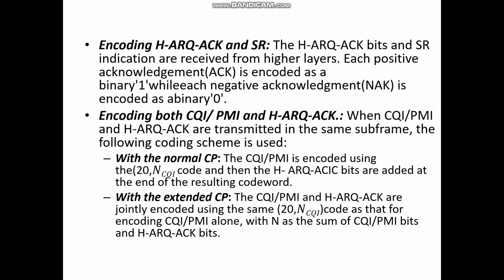There is one HARQ ACK bit for single code word transmission and two HARQ ACK bits for two code word transmission. This is provided through spatial multiplexing in this particular encoding scheme.